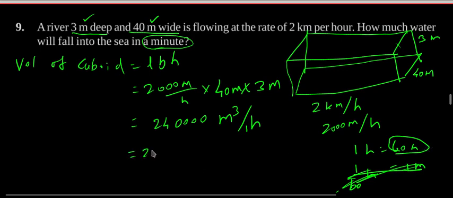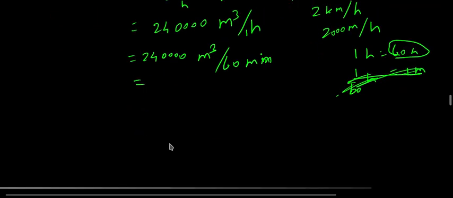So it is equal to 2,40,000 meter cube divided by 60 minute. This is meter, this is minute. We should not confuse, so minute we will write with 3 letters, MIN. So 2,40,000 divided by 60 into meter cube per minute.